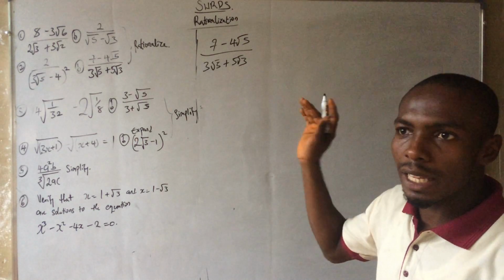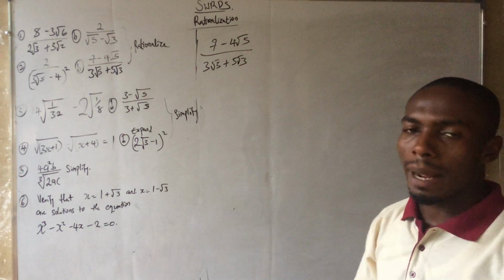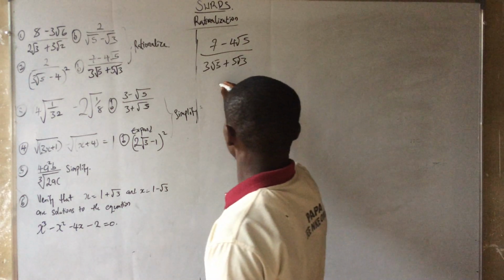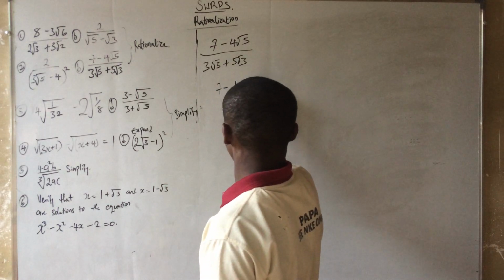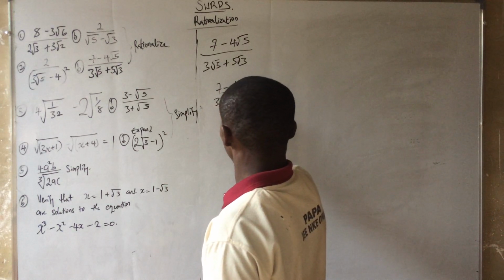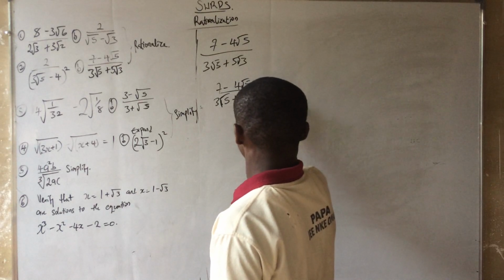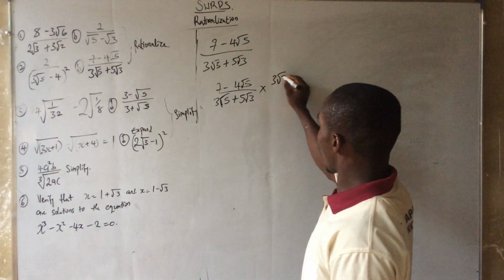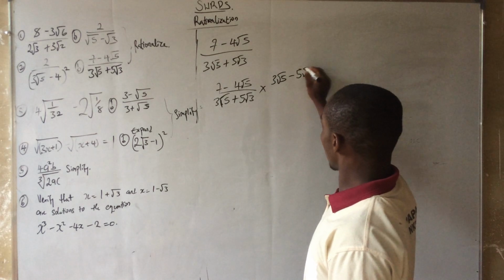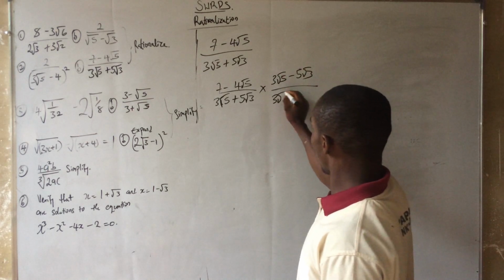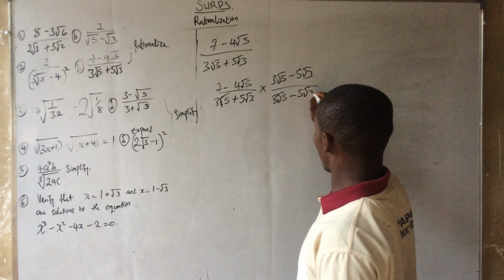So multiply the given fraction by 1. So now say 7 minus 4 root 5 over 3 root 5 plus 5 root 3 multiplied by 3 root 5 minus 5 root 3 all over 3 root 5 minus 5 root 3.